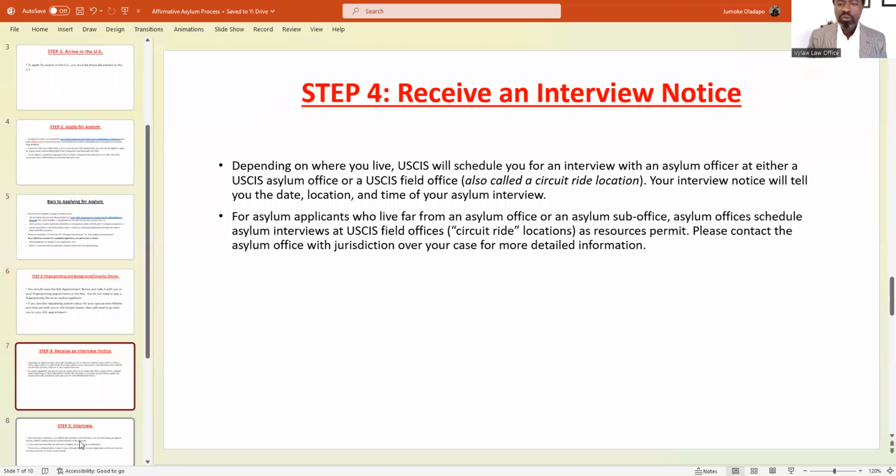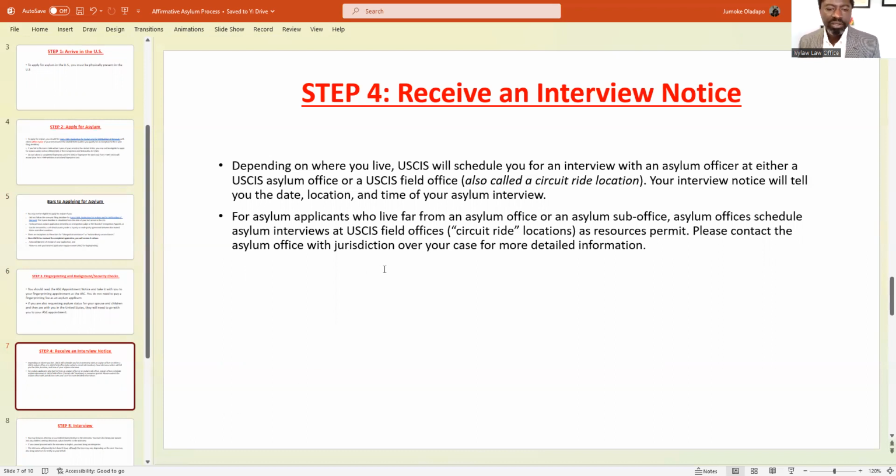Step 4, receive an interview notice. Depending on where you live, USCIS will schedule you for an interview with an asylum officer at either a USCIS asylum office or a USCIS field office, which is also known as a circuit ride location. Your interview notice will tell you the date, location, and time of your asylum interview.